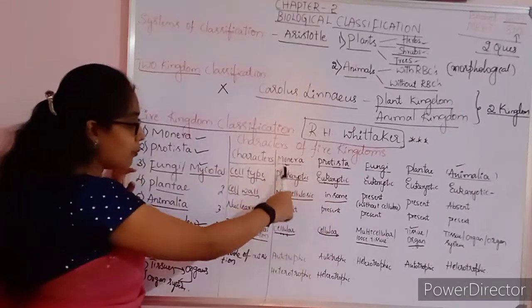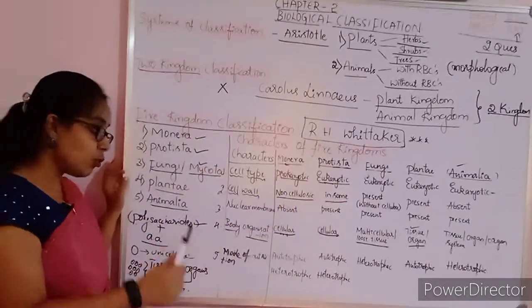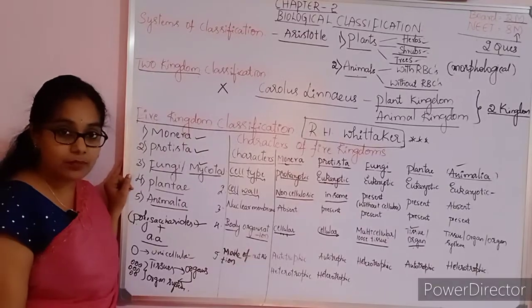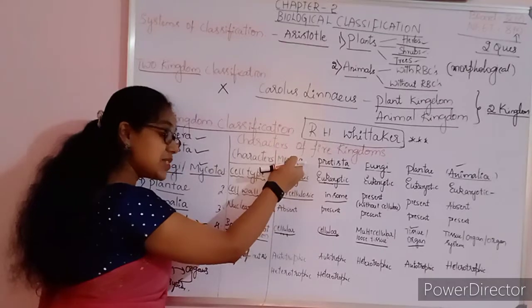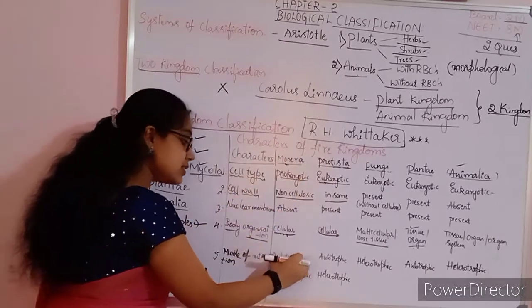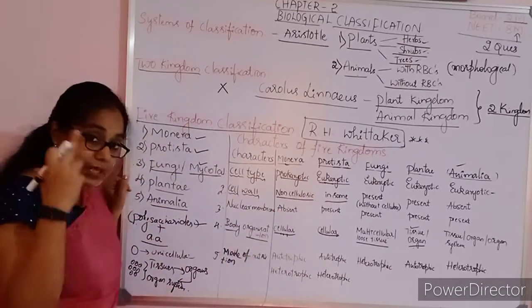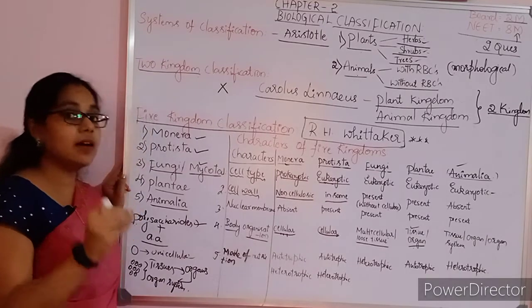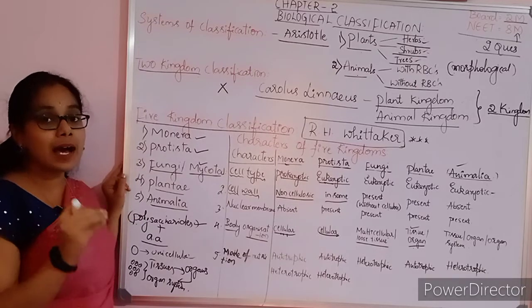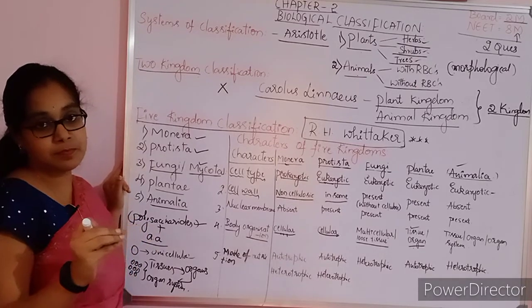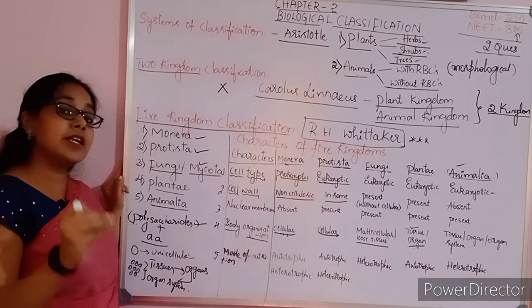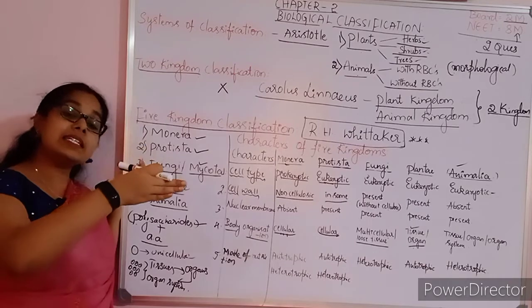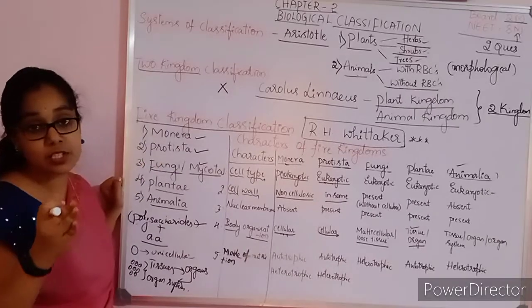Let's see Monera. Monera is both autotrophic and heterotrophic. A few organisms in Monera can synthesize their own food. Please keep one thing in your mind: in order to synthesize food, that organism should have chlorophyll pigment, because chlorophyll helps in the conversion of light energy into chemical energy.